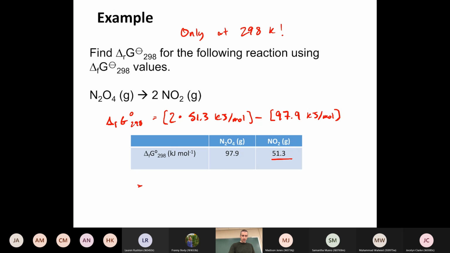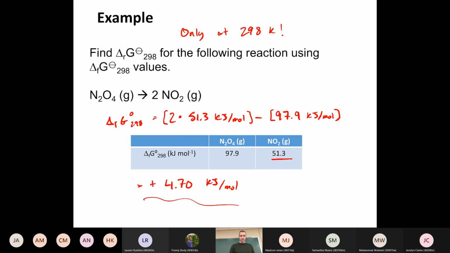If you do the math here, the number you arrive at is plus 4.70 kilojoules per mole. Positive means not spontaneous.